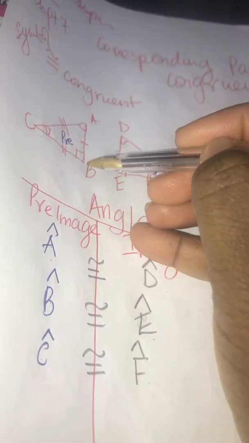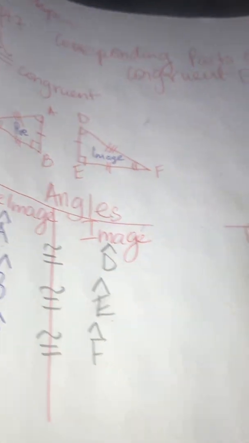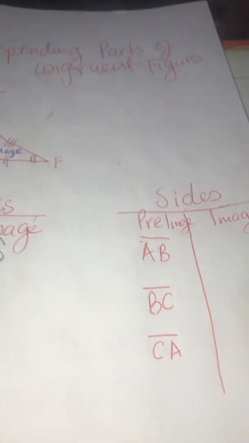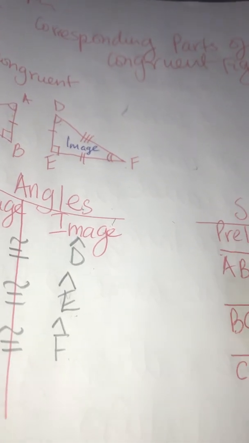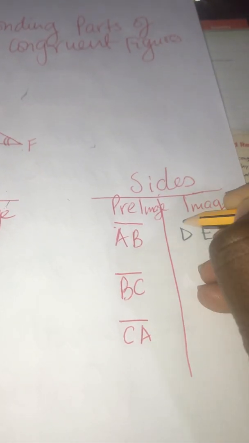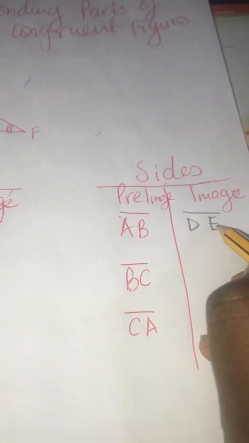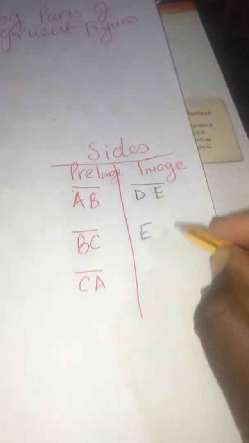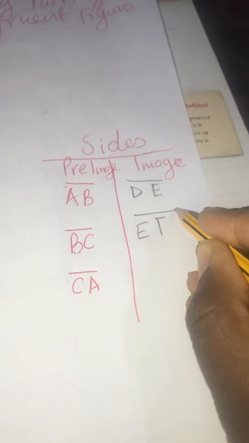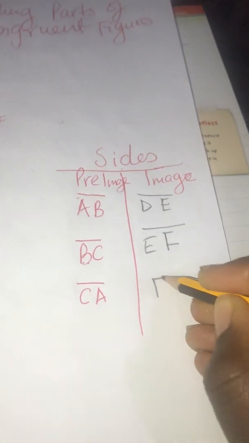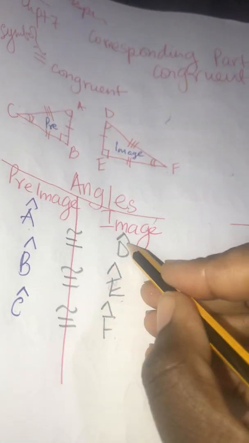So I went A to B, B to C, C to A. A goes with D. So I will write here D. B goes with E. A with D, B with E, C with F.